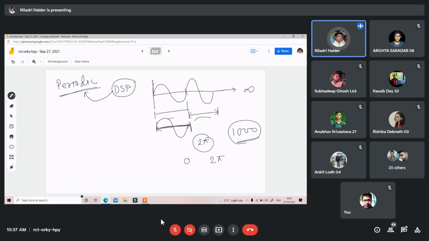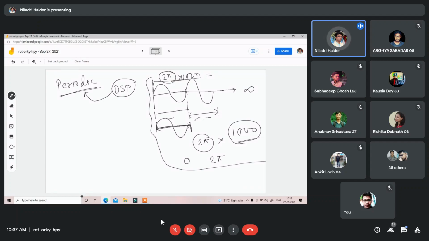For 1000 periods it will be 0 to 2 pi into 1000, because this is the first period, so this is the 2 pi range. That type of 1000 number of periods means 2 pi into 1000. That is the whole length. So you don't need to choose that length. Simply choose 2 pi. Within that range, you can consider all the periods. That is the importance of periodicity.